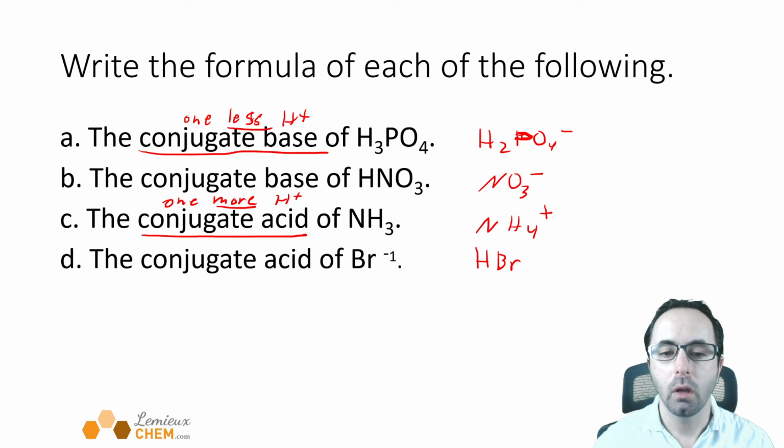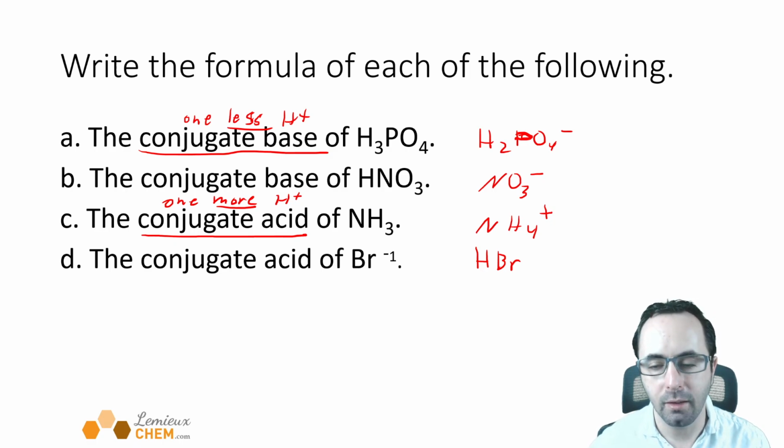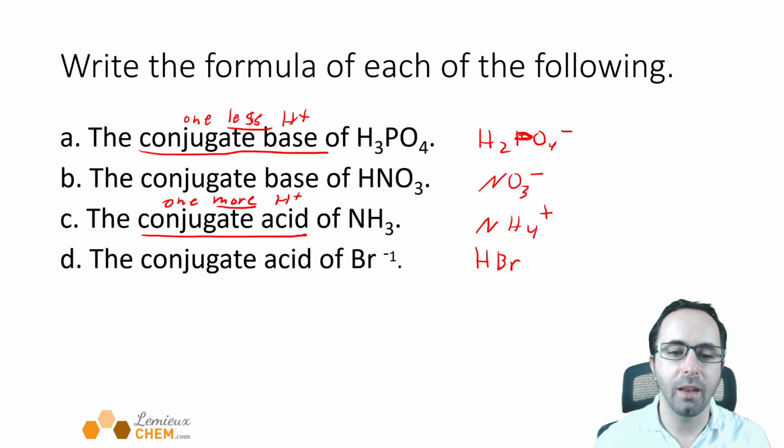We reviewed neutralization reactions, and also finally we talked about the concept of conjugate acids and bases. For our next lecture, we're going to go into the idea of pH, which is a convenient way of expressing the concentration of hydronium and hydroxide ions in solution. I'll see you in that next lecture.